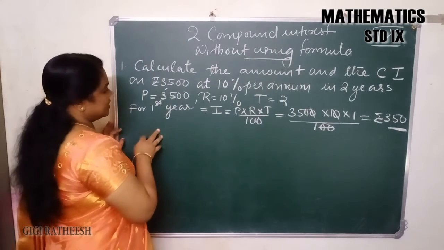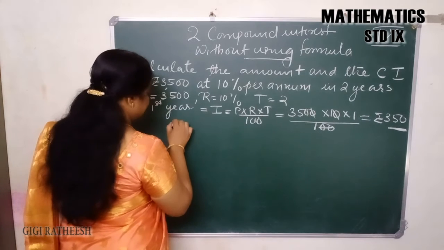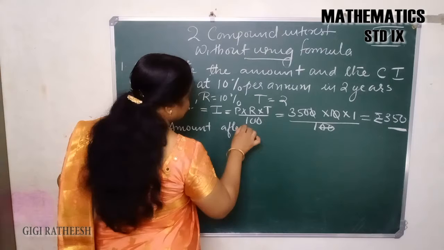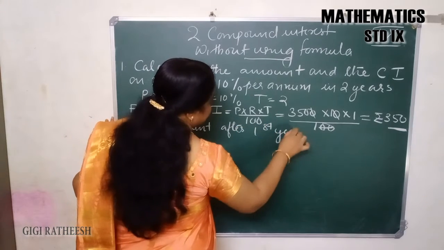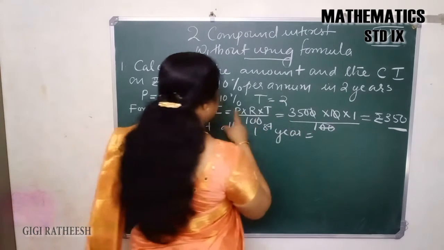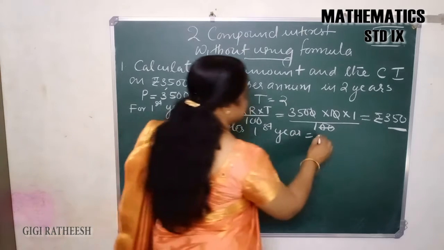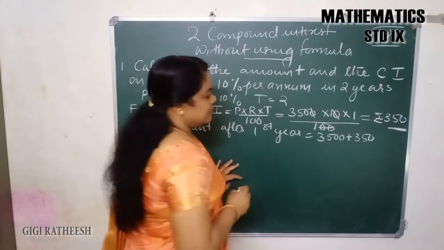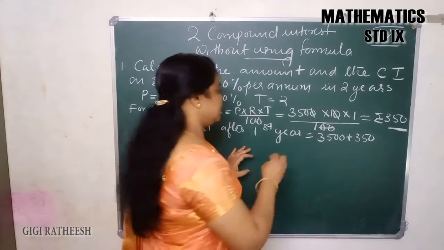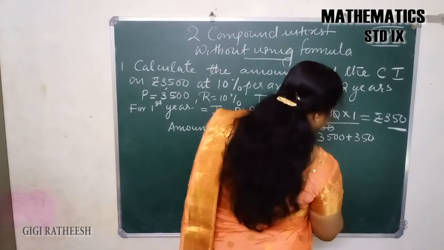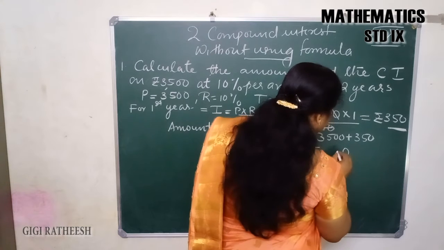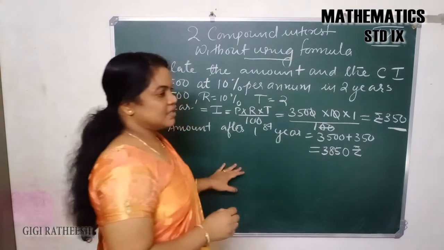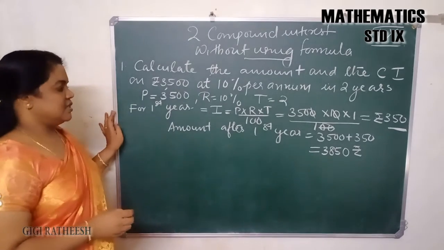What is the amount after the first year? The amount after the first year is equal to the principal amount 3,500 plus 350, which is equal to 3850 rupees.